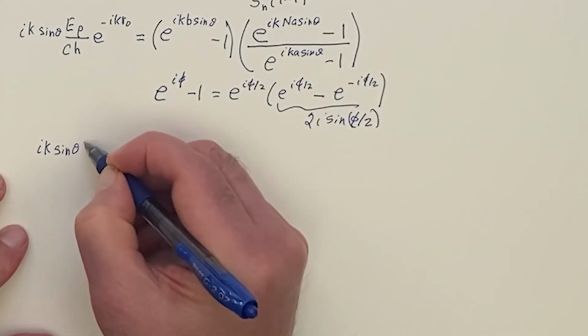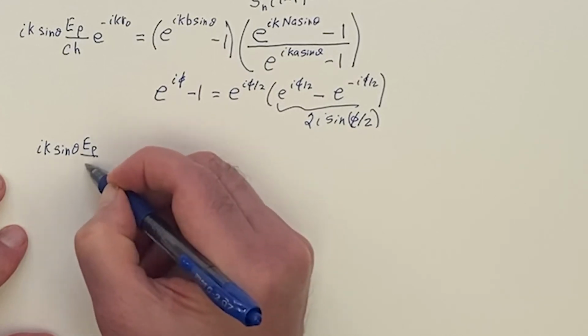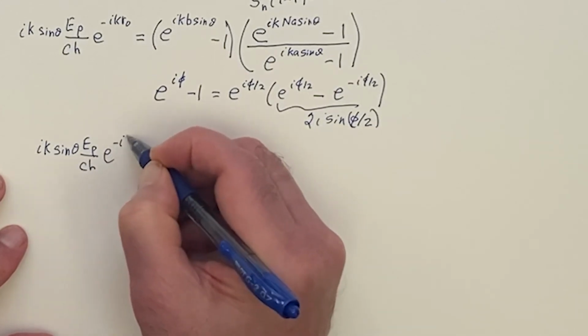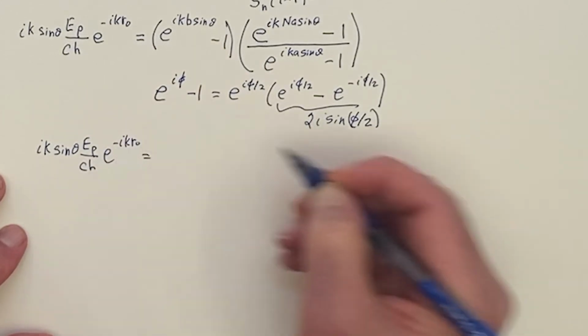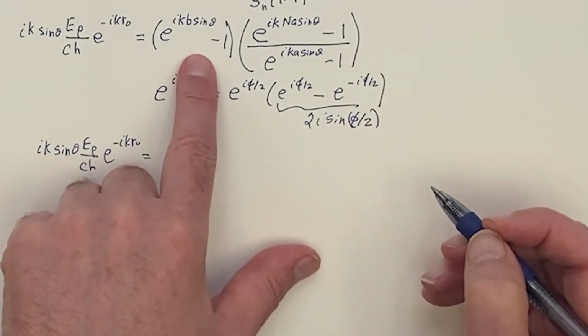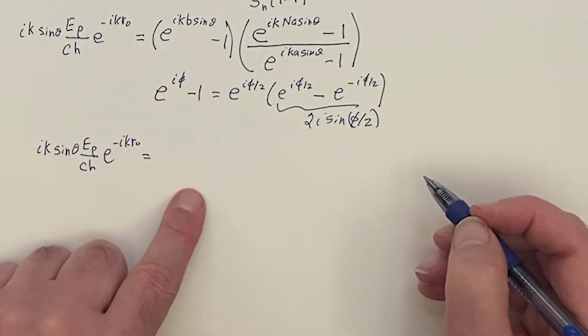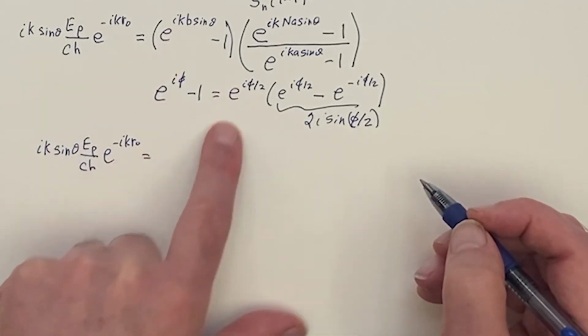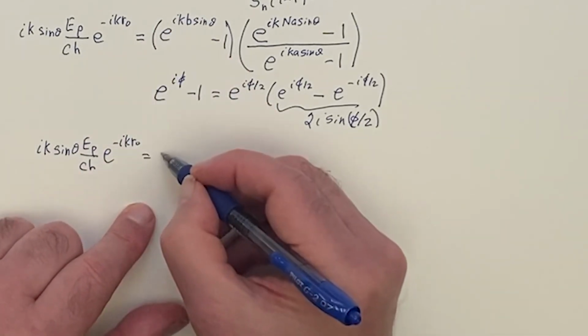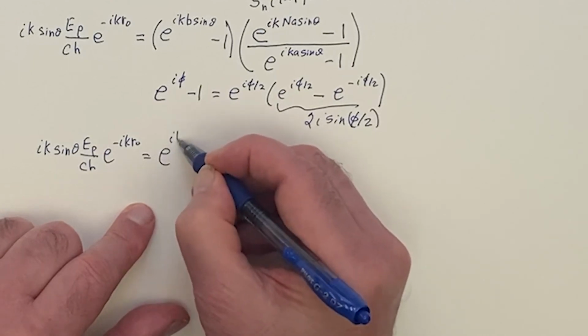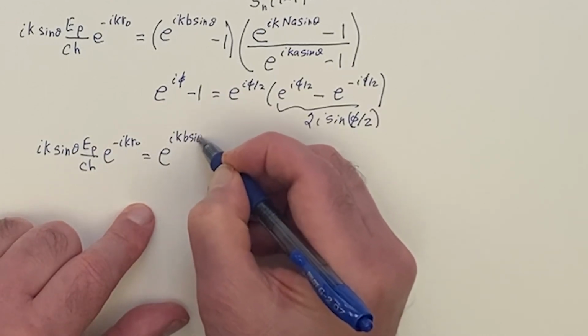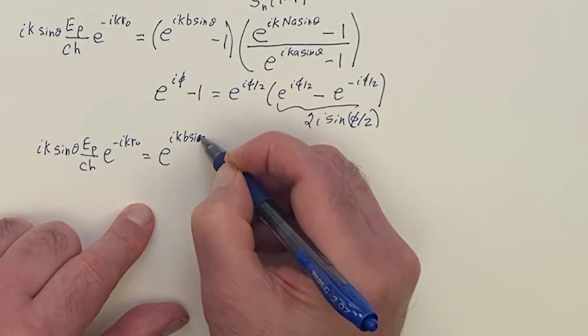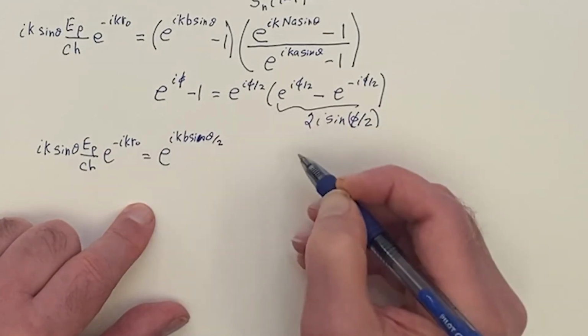If we do that, we will get e to the minus ik r naught. We will get, for the first one, well, first of all, you got to pull this out. So you're going to have this thing with the 2 in the exponent. So we're going to have e to the i kb sine of theta over 2.